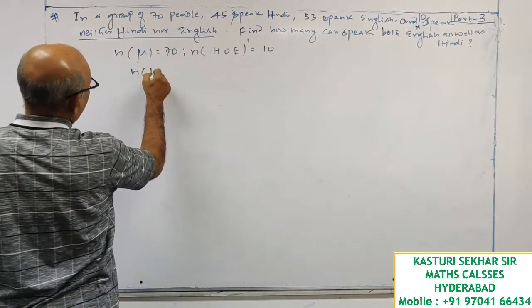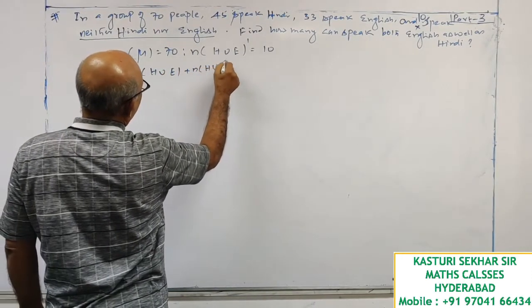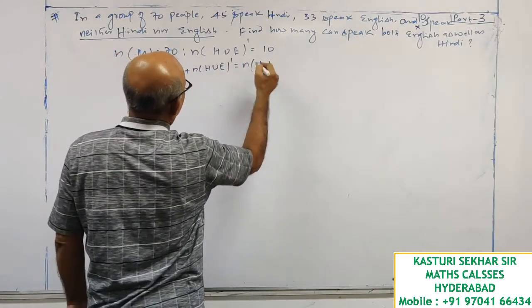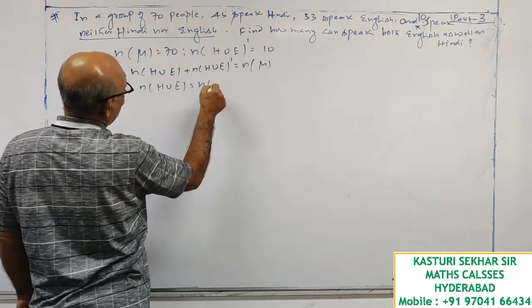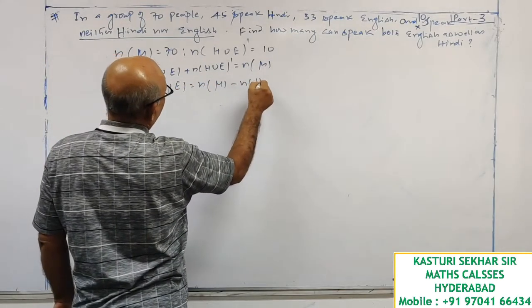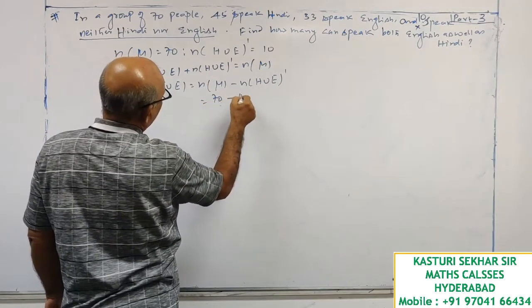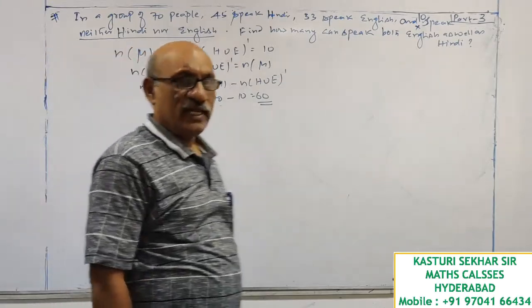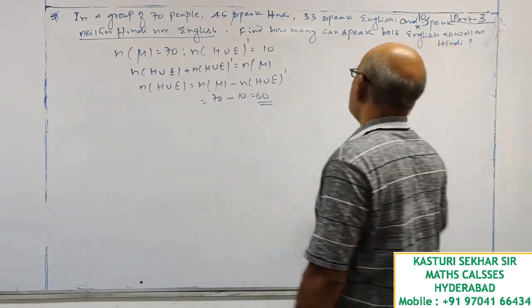So n of H union E plus n of H union E complement is equal to universal set. So n of H union E is equal to universal set minus H union E complement. 70 minus 10, 60. So either Hindi or English is equal to 60.